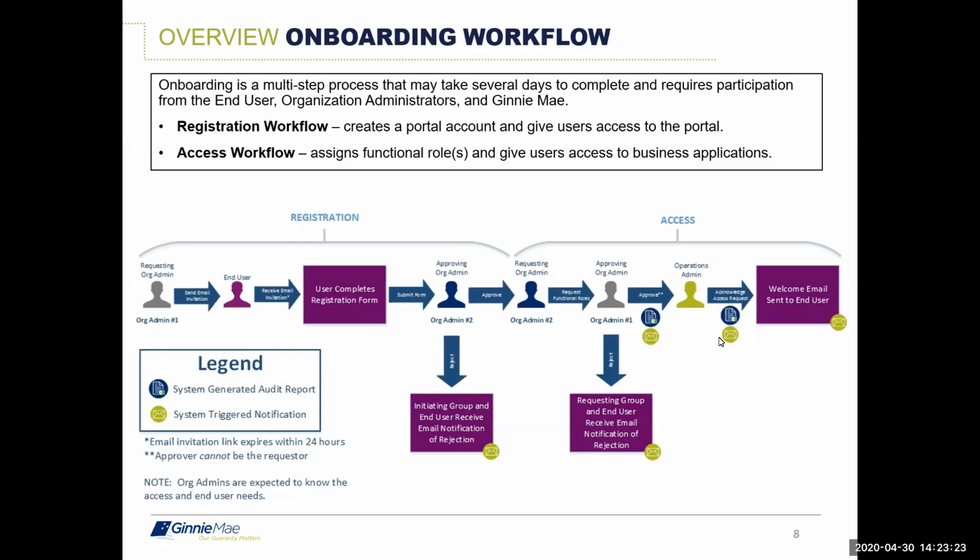They will immediately proceed, you see the little blue person again, to request a functional role assignment for you. So they're going to request functional roles, and then a notification goes to the other organization administrators for someone to go in and approve that functional role request.